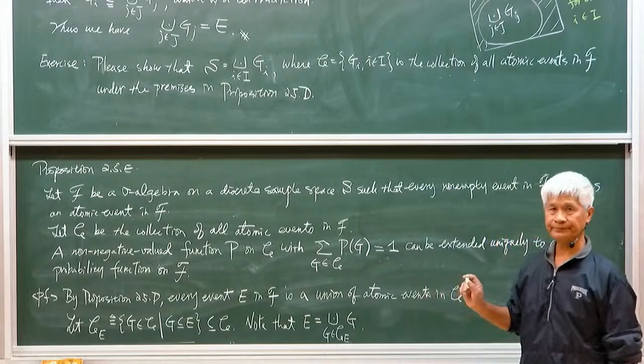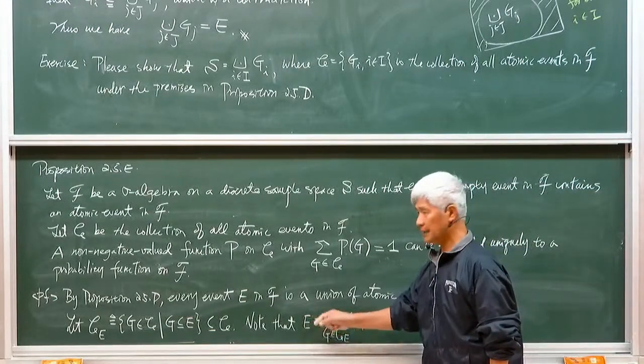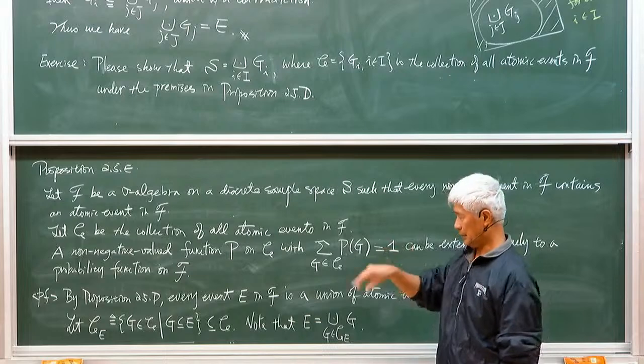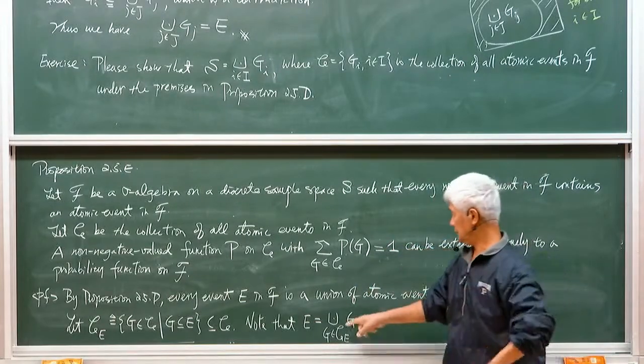Any questions? So the atomic events inside E become the building blocks. They're just the union there.